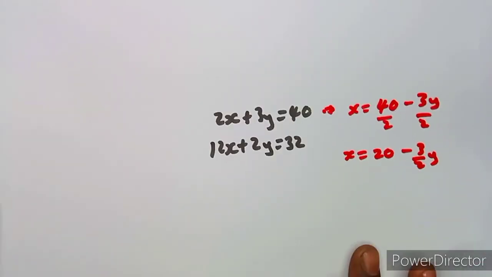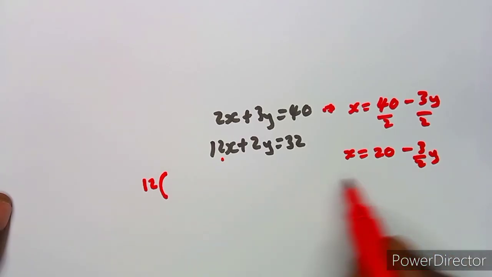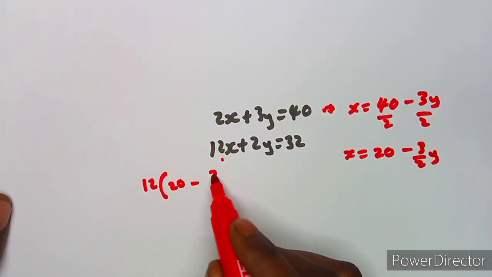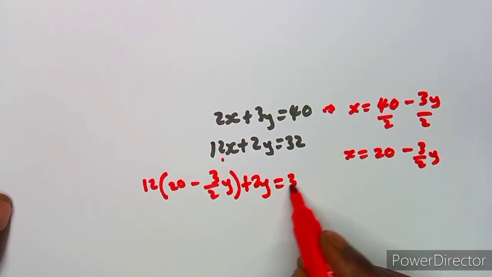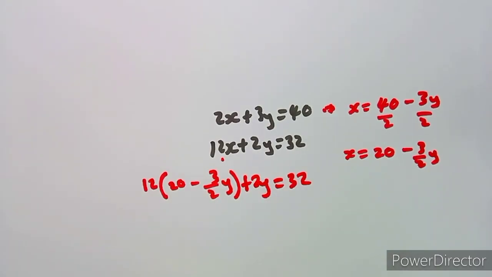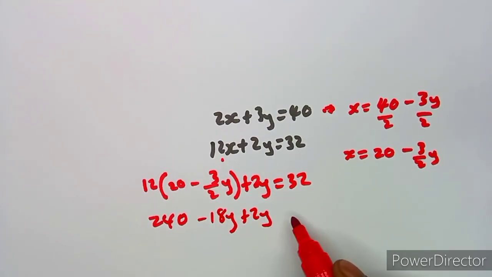In place of X, we substitute 20 minus 3/2Y into 12X plus 2Y equals 32. So that's 12 times 20, which is 240, then 12 times negative 3/2, which gives us negative 18Y, plus 2Y is equal to 32.